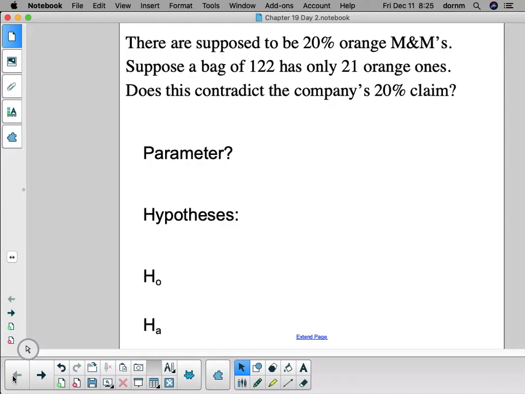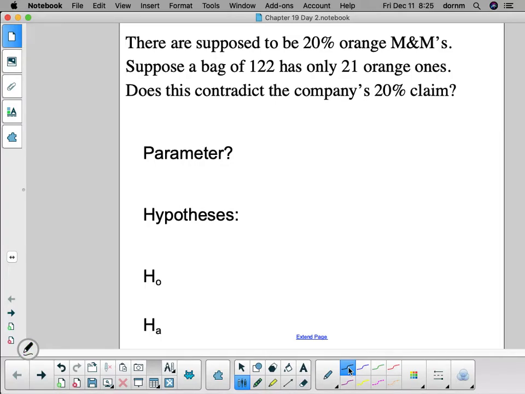Let's go ahead and start our process. Let's write our hypothesis test. What are we testing? What is the parameter we're testing? How am I going to state this? Somebody give me a statement.